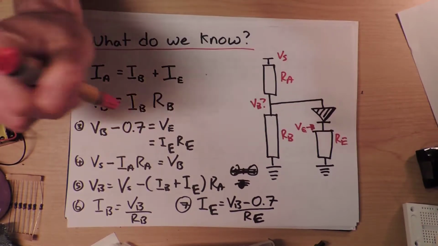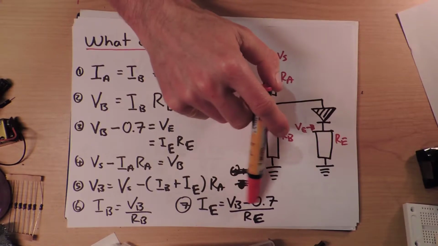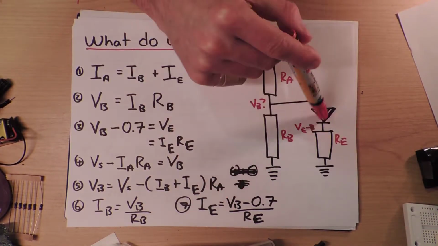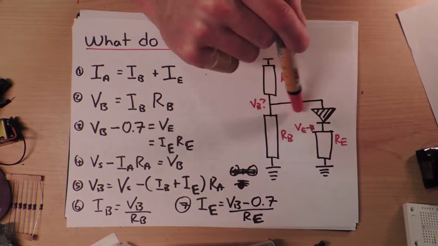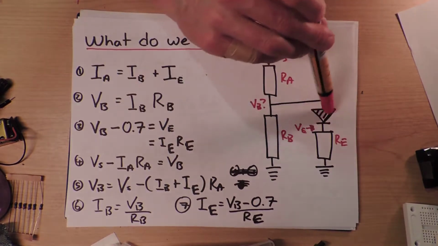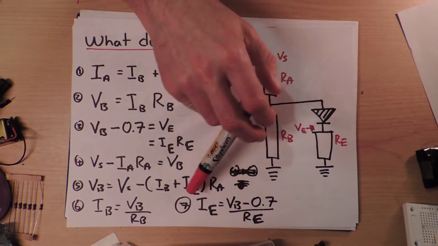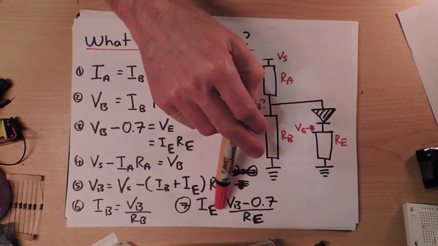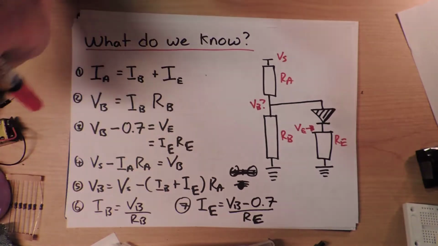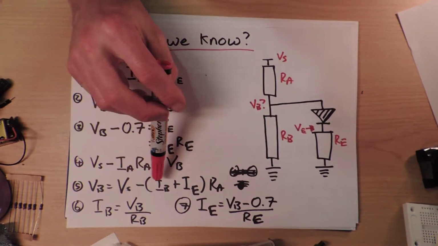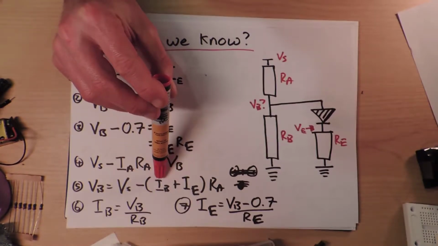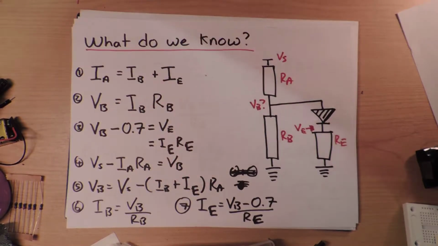And in 7 we're just restating this. The current through here is the voltage at B minus 0.7 divided by RE. Remember, I'm assuming this has no resistance. And so that's how I've described what IE is. So now I've got two terms for IE and IB, and I also have a description of VB that uses IB and IE. So you can kind of see where I'm going to go.